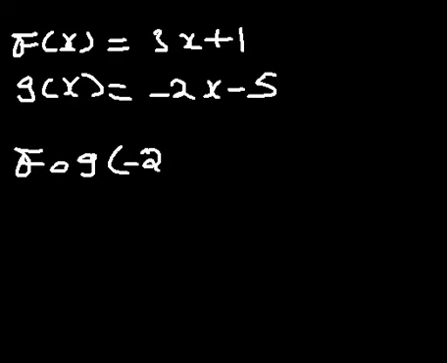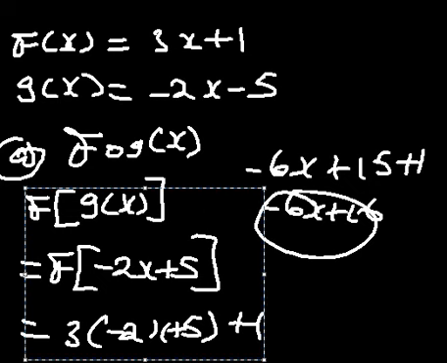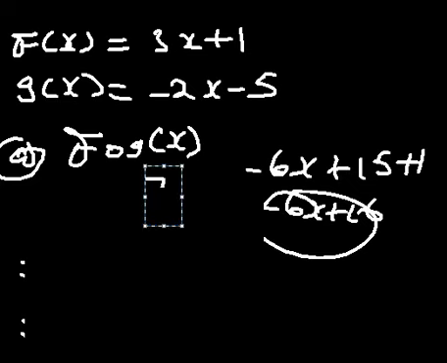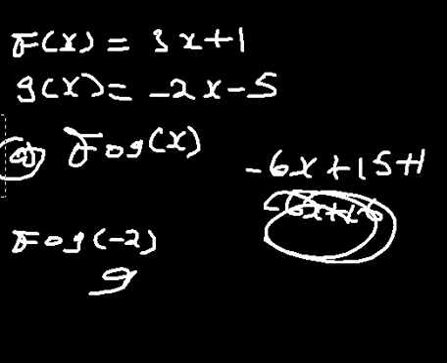Unfortunately, I happened to cancel that one out, so let me just have this one. If we are looking for f composite g of negative 2, it means we have to substitute negative 2 into this one. That's what it means there.